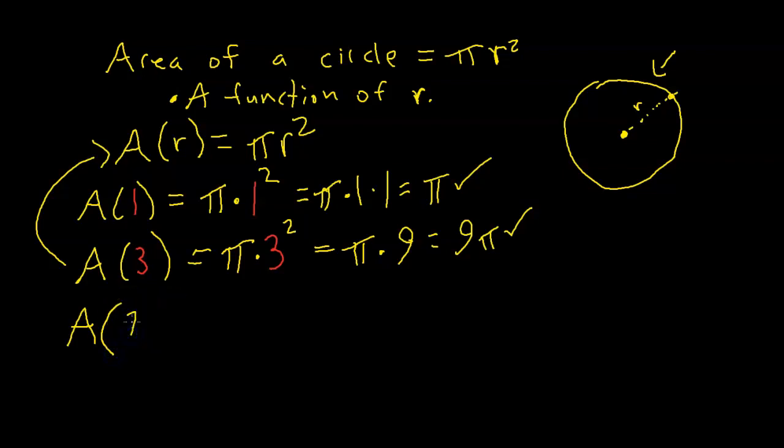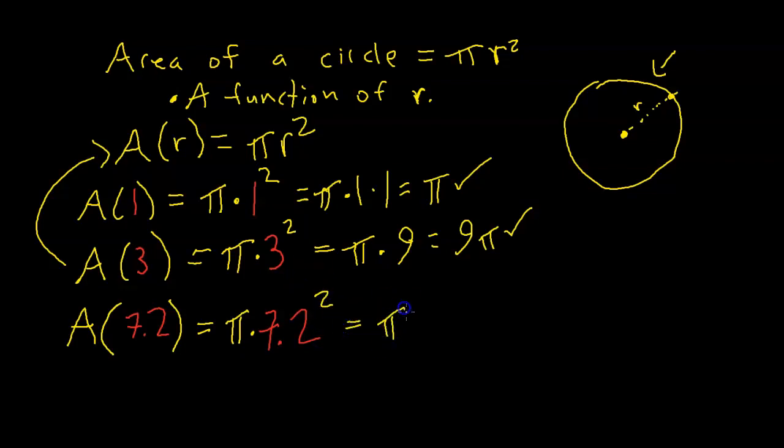So we are going to evaluate a of 7.2, which is going to equal pi times the value 7.2 squared, right?